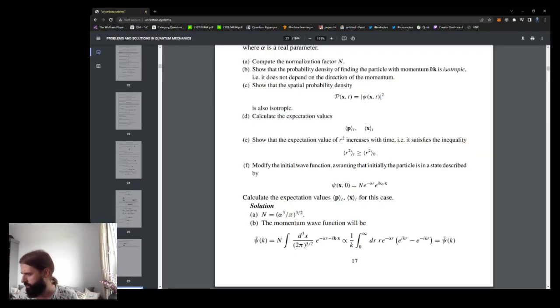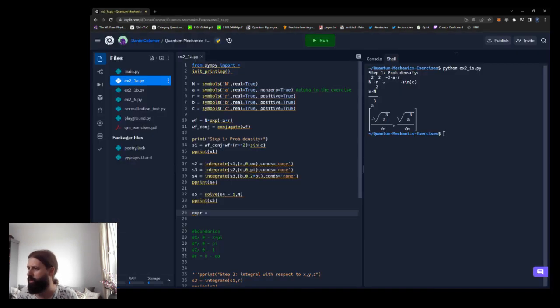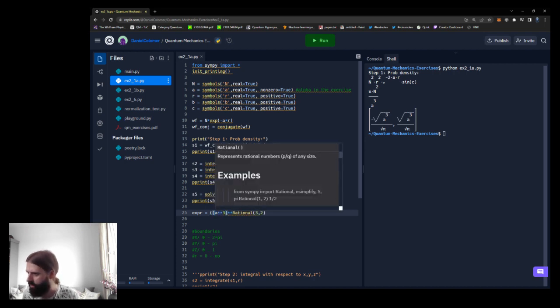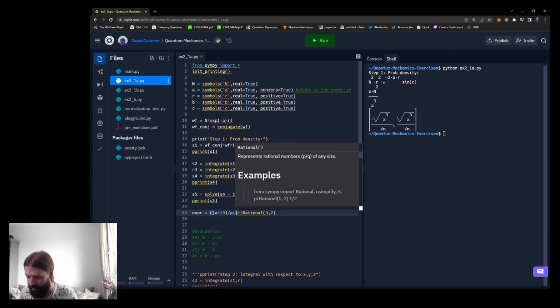We have something to the rational 3, 2, and this something is a 3 divided by pi. Is that correct?